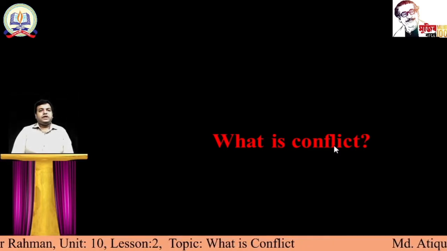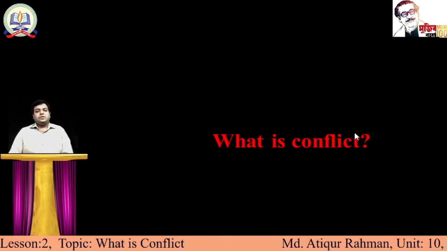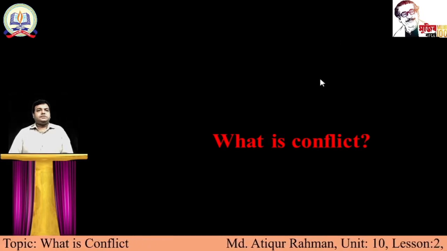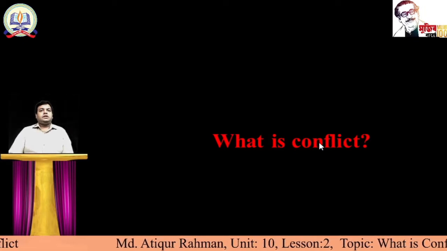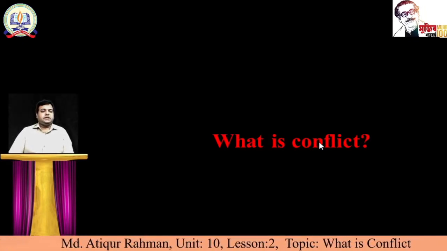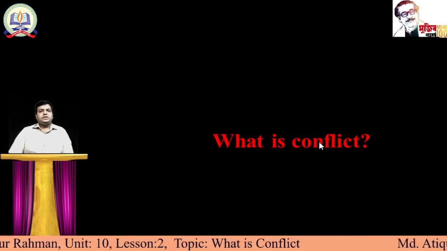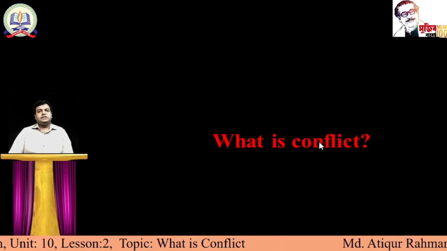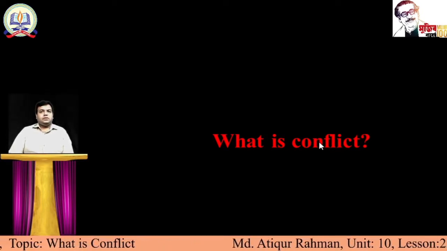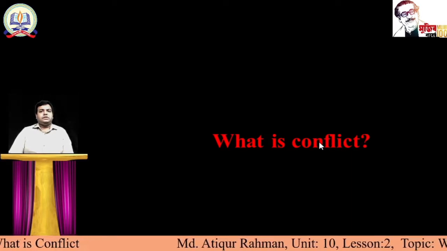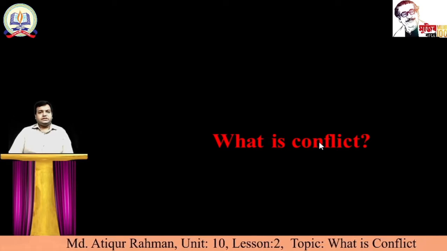Suppose there are two friends named Rana and Kabir. Both of them are best friends, and they were working in the same team to complete an assignment. One day they were asked to complete a particular project assigned to them by their supervisor. But at one point when they were going to complete the project, there was a major clash in their understanding.